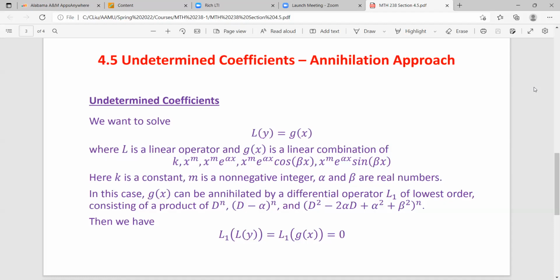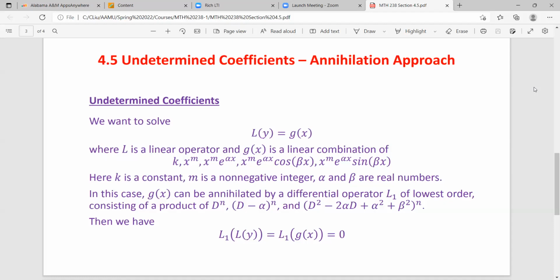In this section, we use a different approach, the annihilation approach. So we introduce the annihilator. These are operators involving powers of the differential operator.